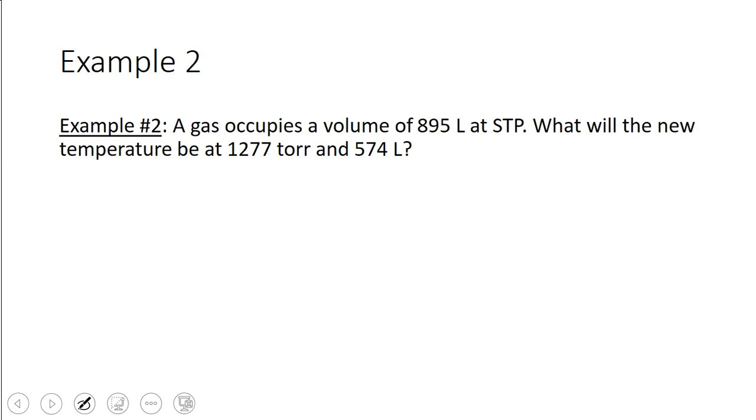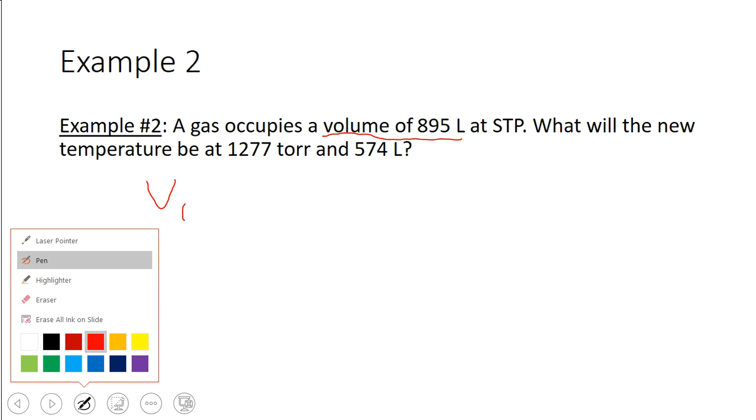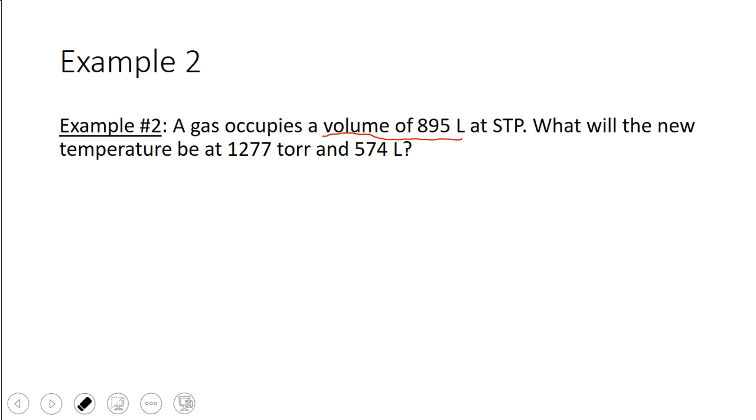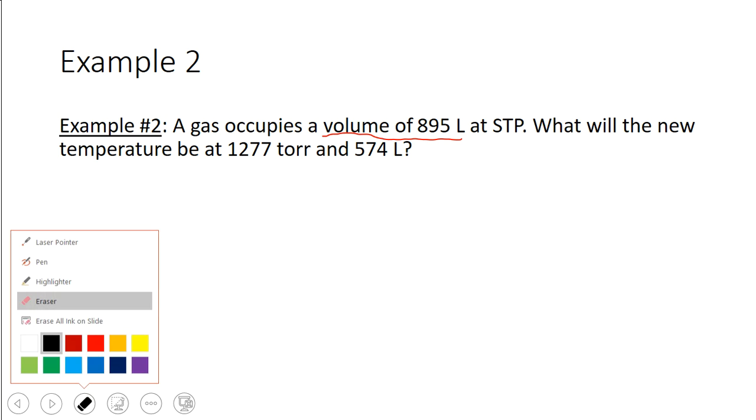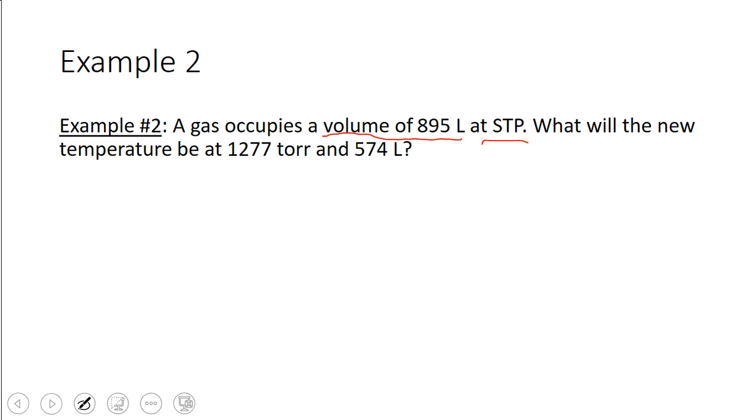So next sample question. So a volume of gas occupies a volume of 895 liters. So our V1 is the 895 at STP. We talked about STP is temperature of 273, and pressure can vary from 1 atmosphere to 101.3 kilopascals to 760 torr.